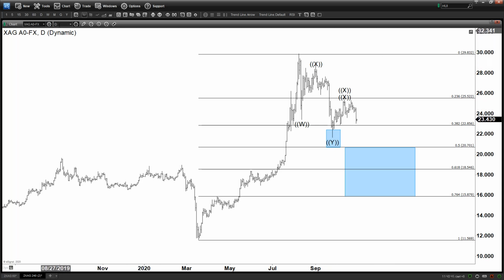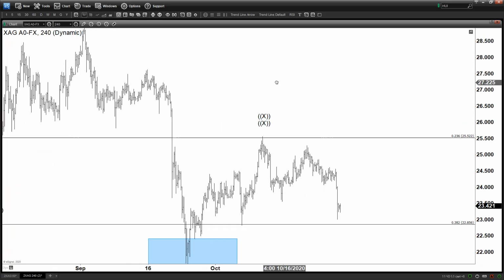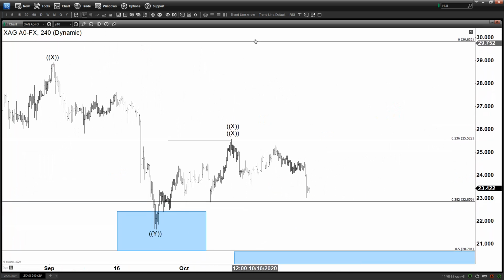But if you look at the 4-hour time frame here, the rally from this low at 21.5 looks to be in 3 swings. If we are really already starting the new leg higher, then this should have been an impulse. But so far we only have 3 swings, which tells us that maybe the correction is not over yet, and we could still see further weakness in silver.